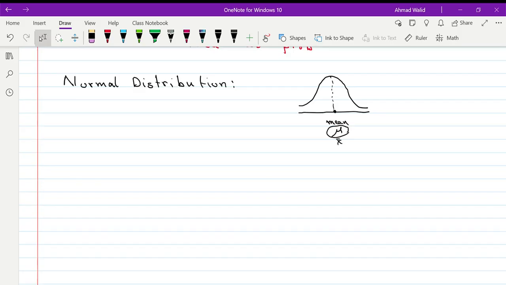I can say infinite normal distribution curves around us. They're all normal distributions, but the shape is a little bit different. Here, my goal is to jump from normal distribution to a standard normal distribution. We want to standardize all of our normal distributions.